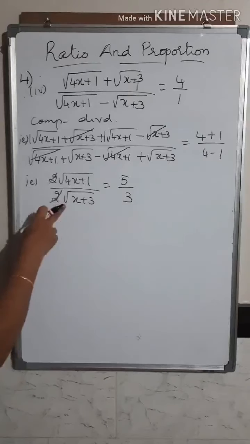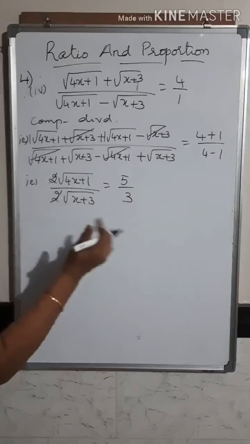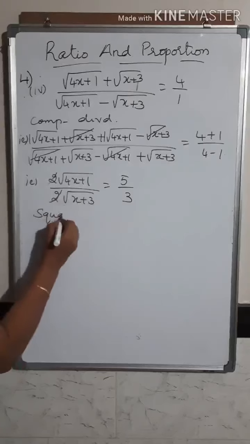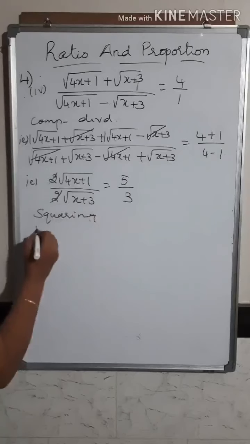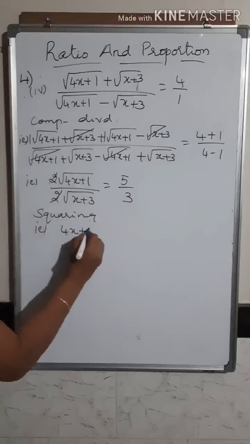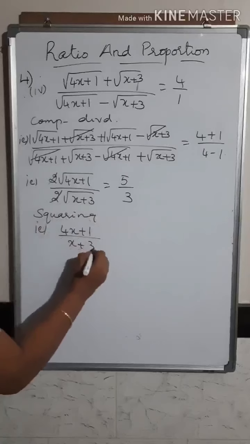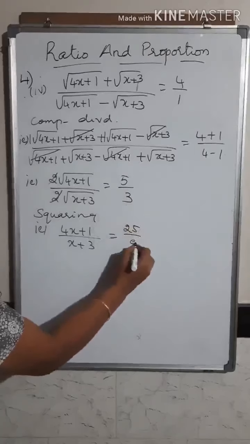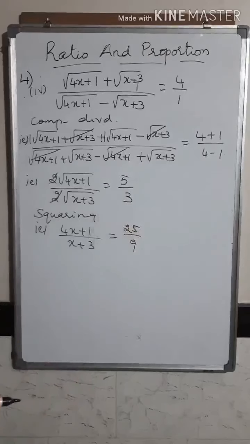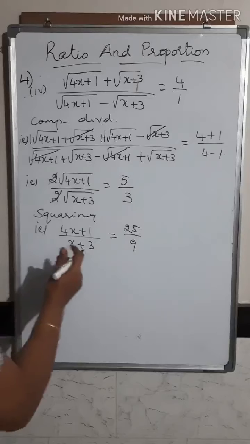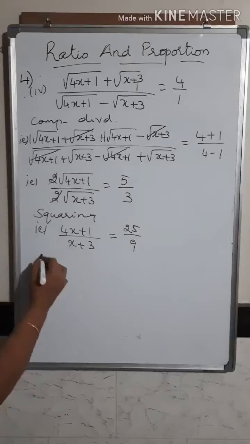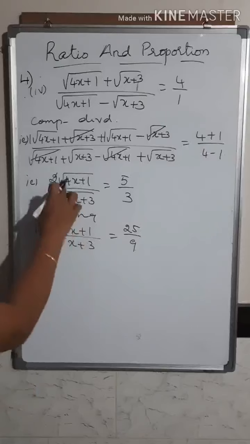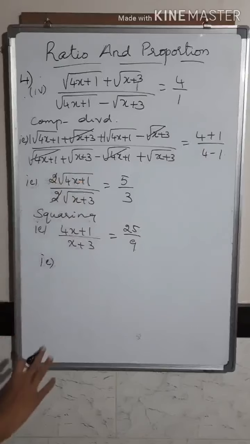Now to remove this root, you have to square it on both the sides. Squaring, you get 4x plus 1 upon x plus 3 is equal to 5 square is 25, 3 square is 9. Now to remove the square root, you have squared on both the sides, and this is the expression you got.